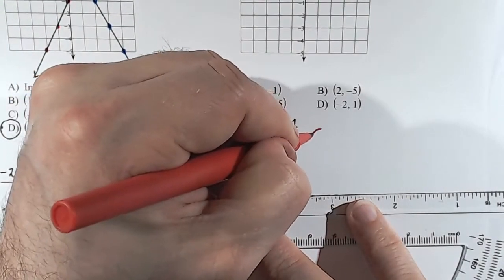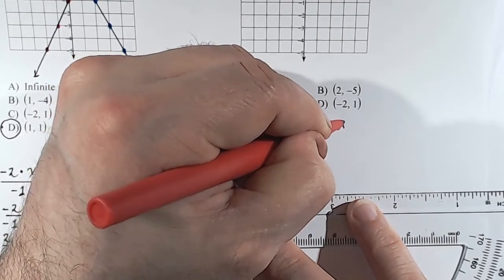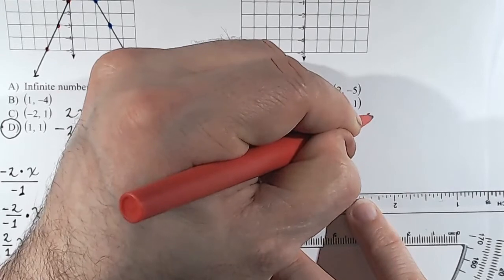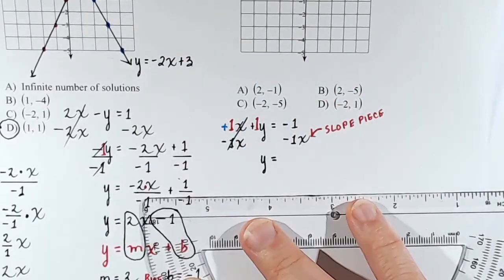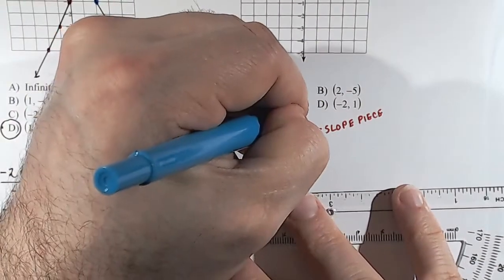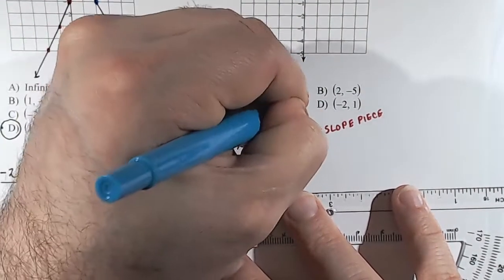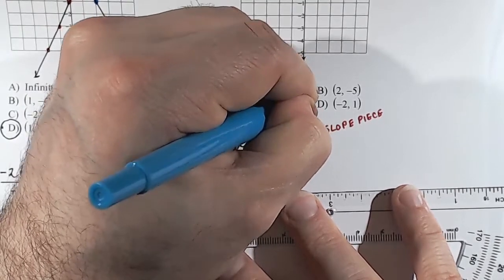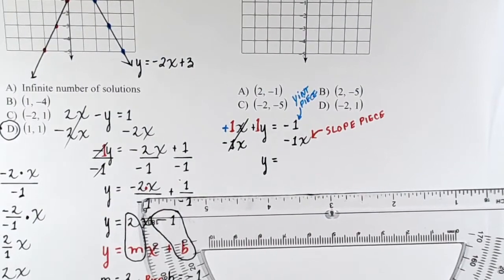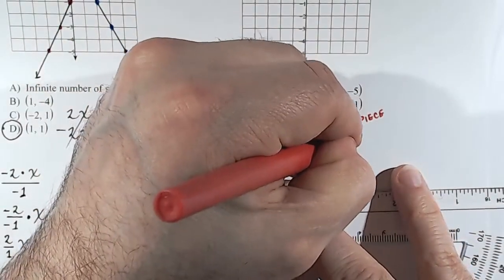See, I've already got this. This is the slope piece. Okay? And this is the y-int piece. But I want the slope piece to come first, and then the y-int piece. So this part here, this is mx.